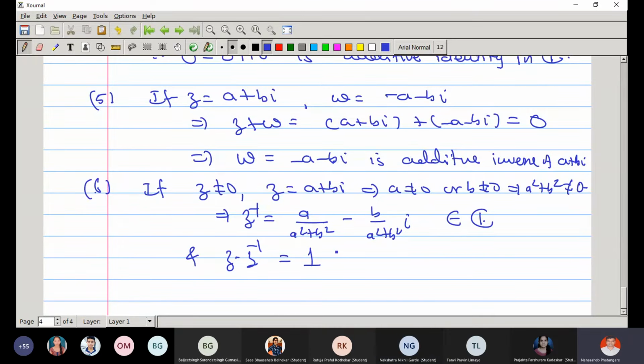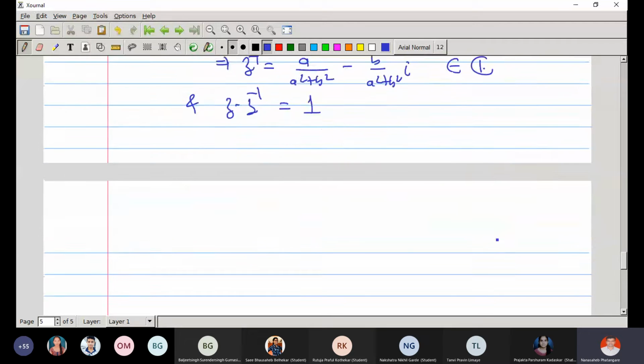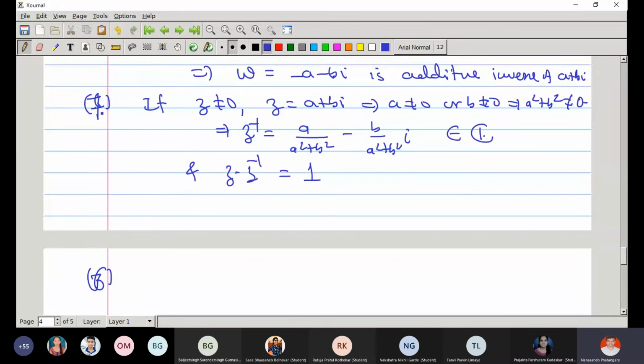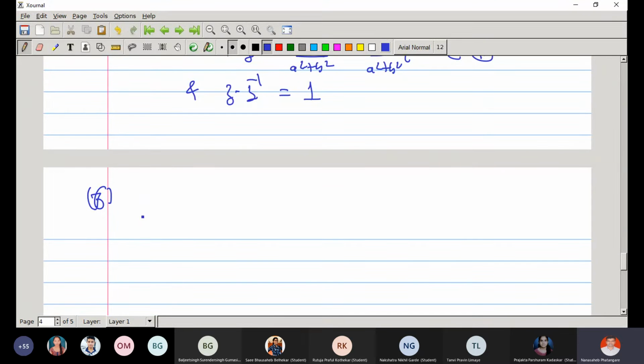Before that, okay, this should be 6 and this should be 7 actually, because z is equal to x plus iy, and 1 is 1 plus 0i. Then what is z into 1, or x plus iy into 1 plus 0i? What is the multiplication?